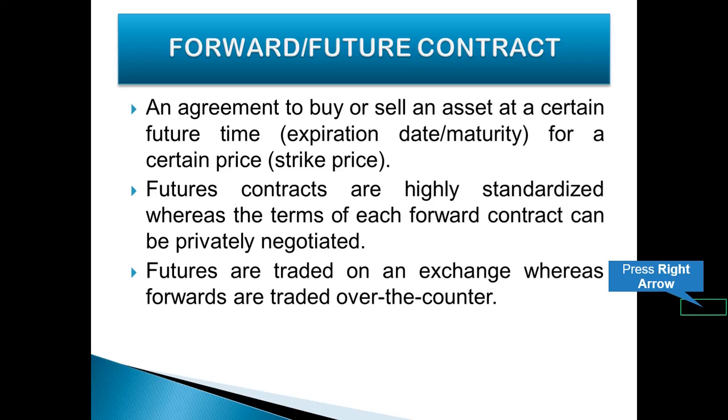Futures contracts are highly standardized, whereas the terms of each forward contract can be privately negotiated. Futures are traded on an exchange, whereas forwards are traded over the counter. These are the main two differences between a forward contract and a future contract. Otherwise, they are almost the same, and for our discussion they are almost the same.